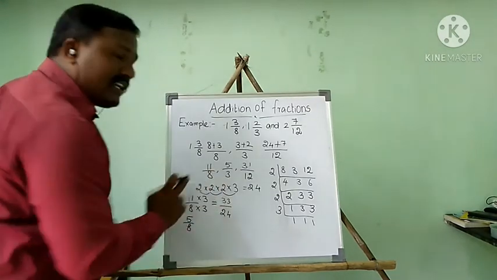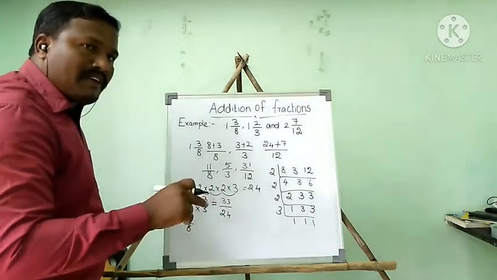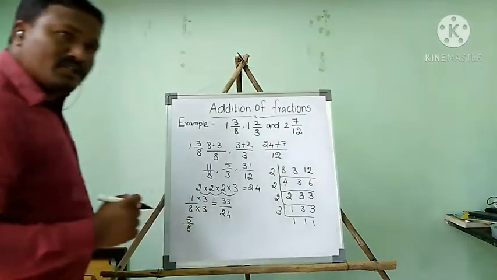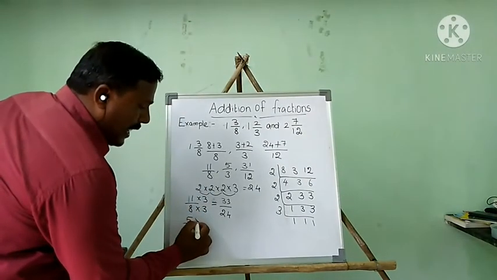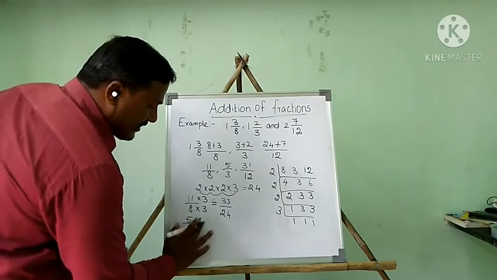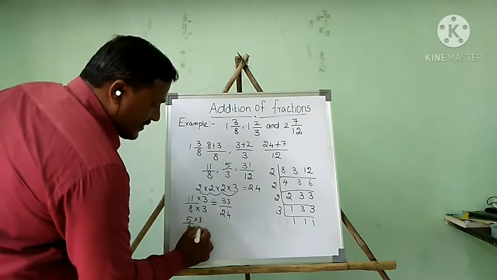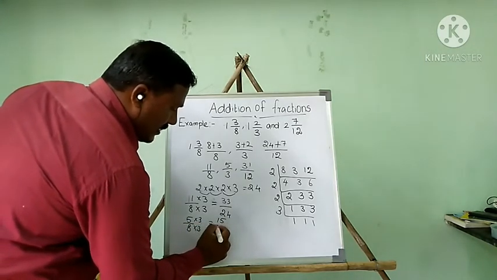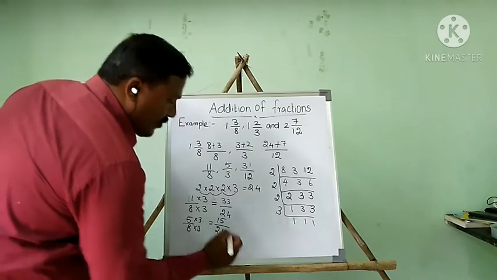Now here 3 is there. Which number, if you multiply with 3, will become 24? 8 3s are 24. So we have to multiply up and down both by 8. So 5 8s are 40, 3 8s are 24.